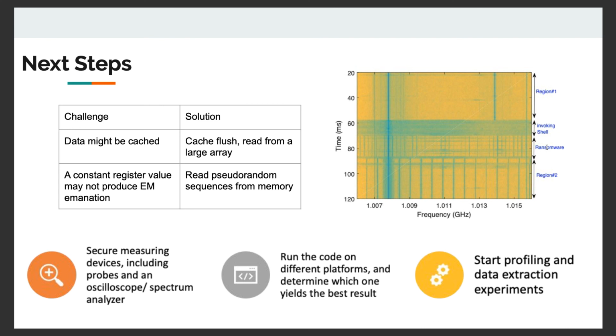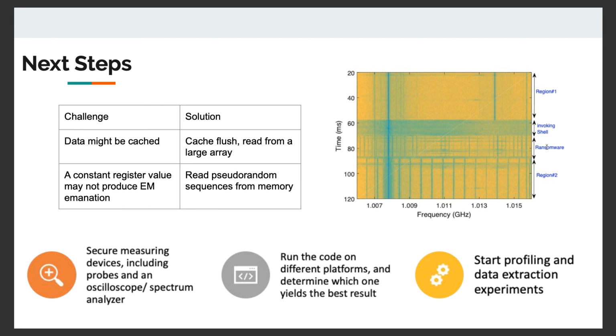Another challenge is if we have a constant register value, there won't be enough bit flipping, so not enough EM wave will be produced. Our solution will be to read some pseudo-random sequence, so that there will constantly be bit flipping, and there will be enough EM waves.